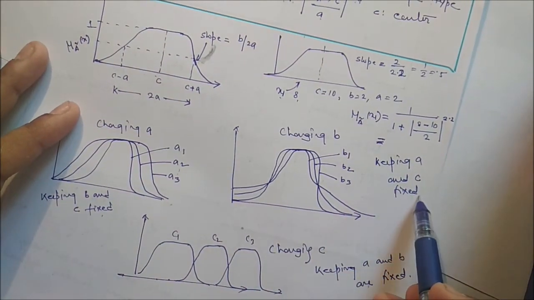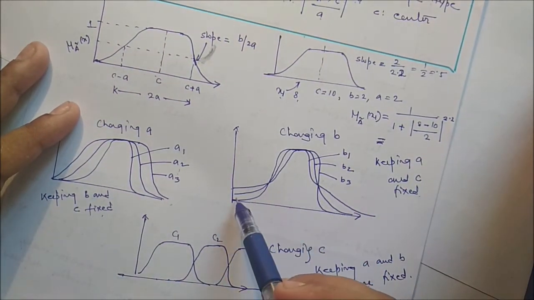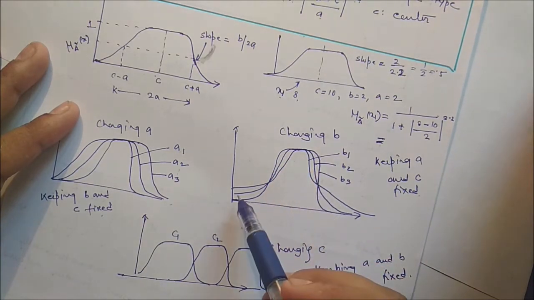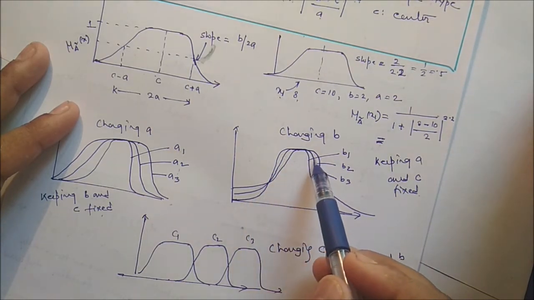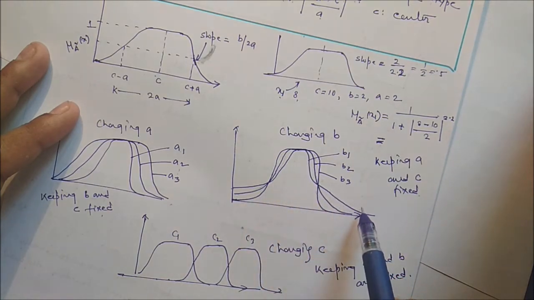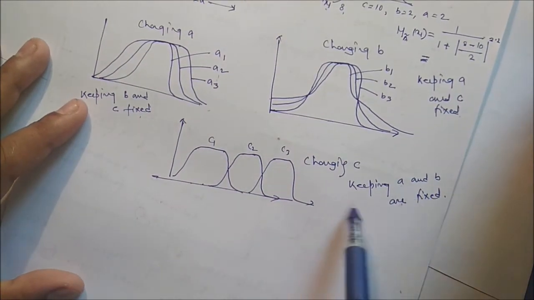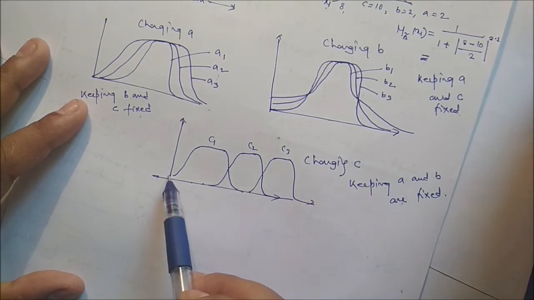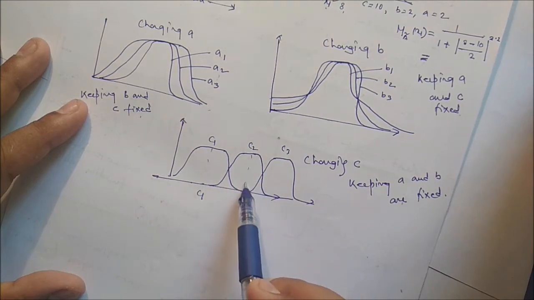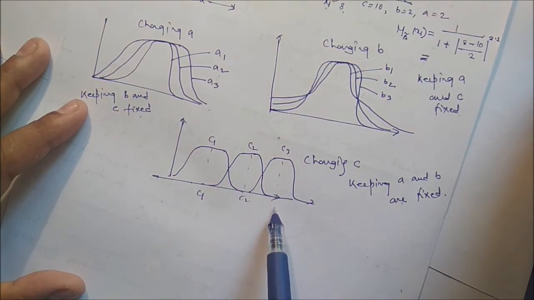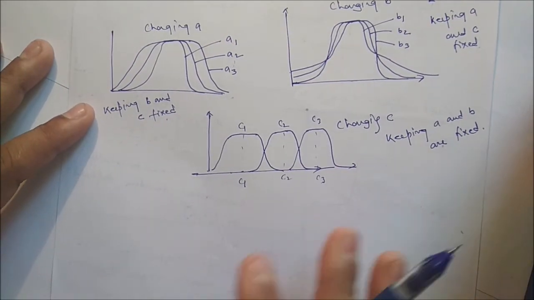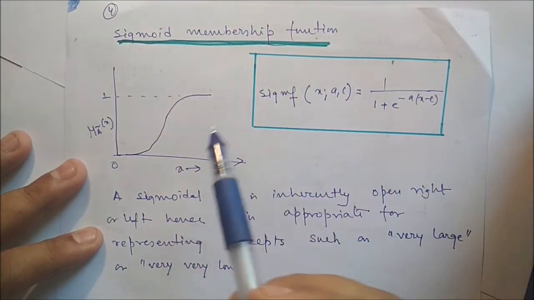Similarly, keeping a and c fixed, this one is for b3, this is for b2, and this one is for b1. Similarly, keeping a and b fixed, if you change c, it changes only the center. This is for c1, c2, and c3.